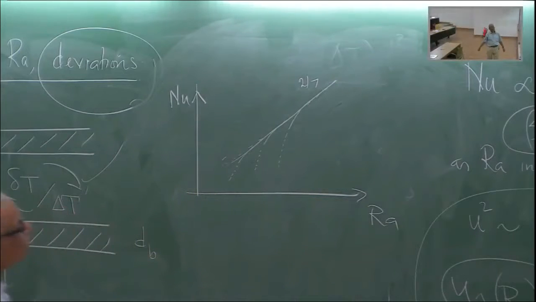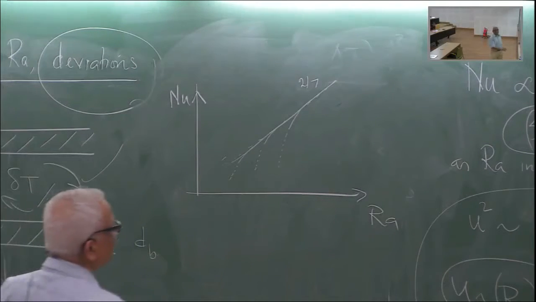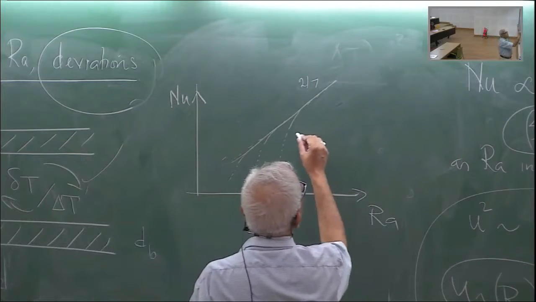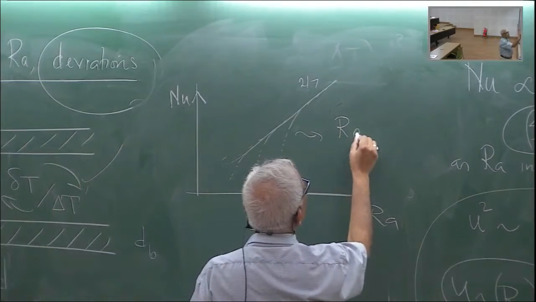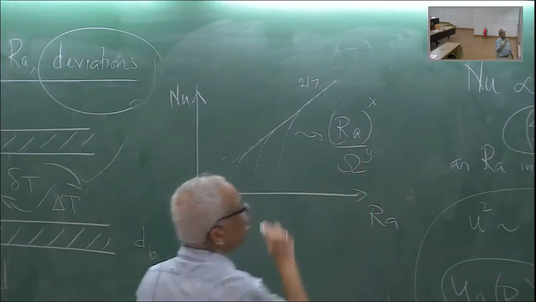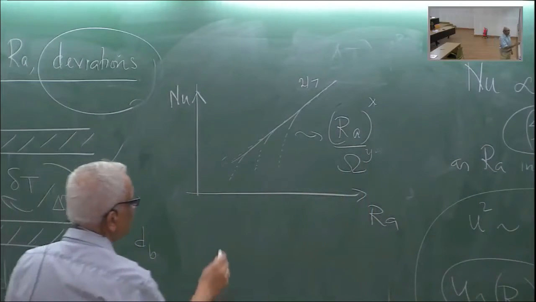Depending on how fast you are rotating, the break-offs start occurring at higher and higher Rayleigh number. And this Nusselt number is now Rayleigh number to some power x divided by omega to some power y.